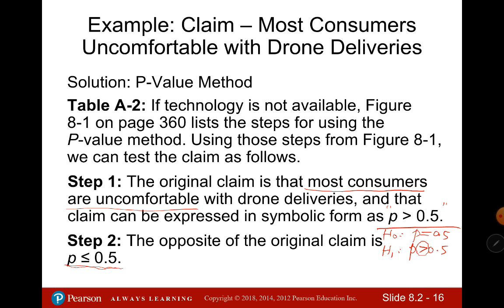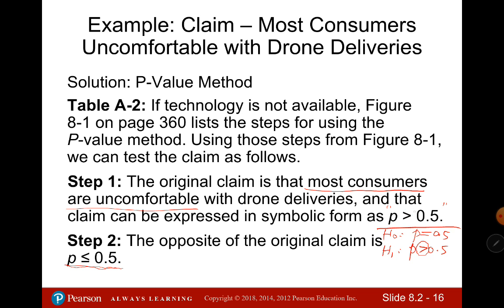Again, first step, we're gonna use the symbolic form to express the original claim. So by this time, we have this p, proportion is greater than half, 0.5. And I'm pretty sure this is one of our hypotheses.